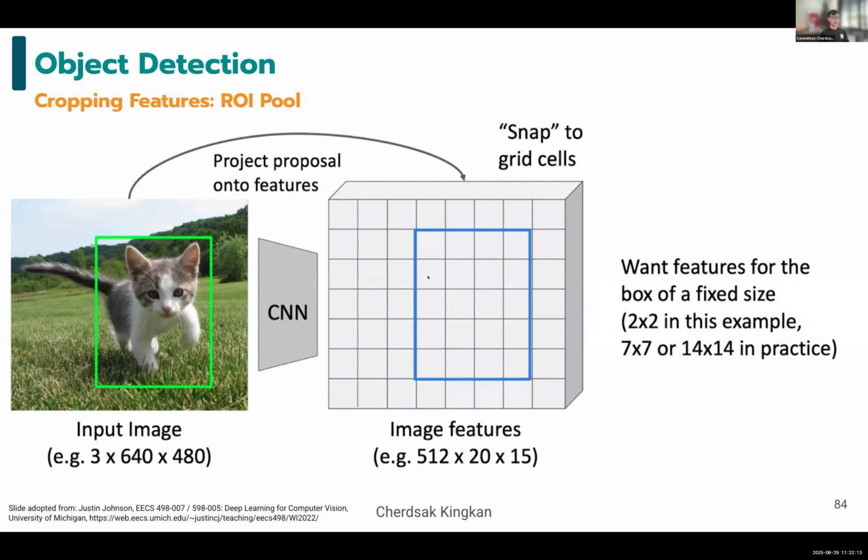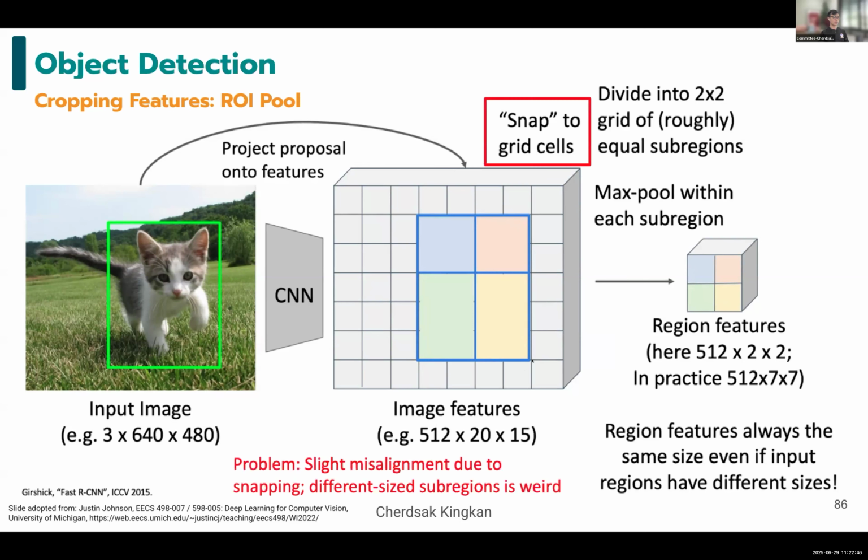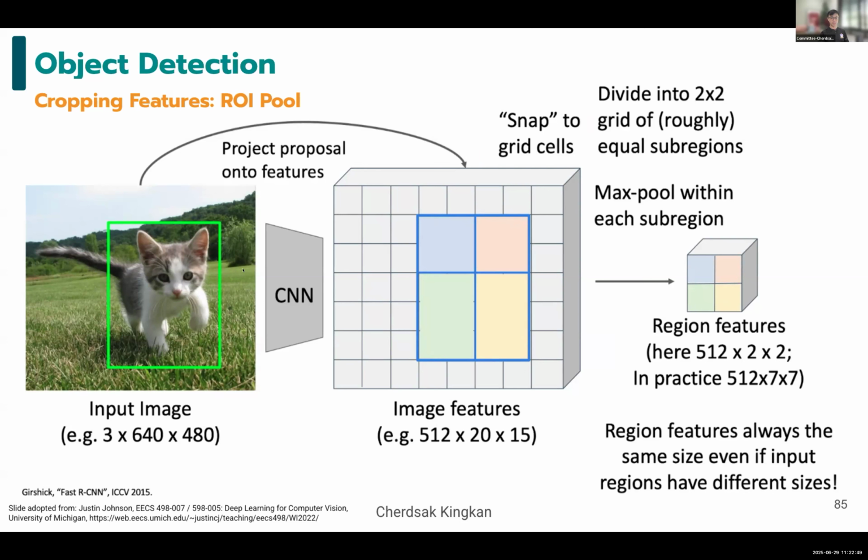Then you divide this area into a 2x2 grid, which could be equal or unequal, it's okay, and perform max pooling within each area. You end up with a 2x2 output to represent this entire region. You keep doing that for every region you got from the region proposal.